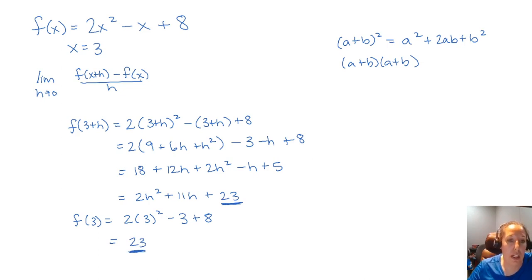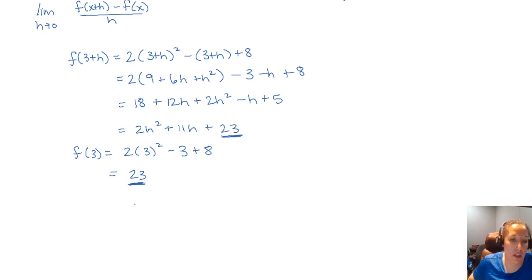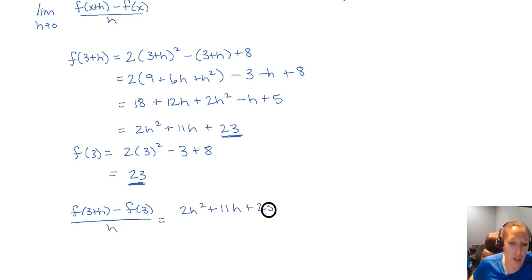Alright, so if we plug in to our difference quotient, our f of 3 plus h minus f of 3 all over h is going to be 2h squared plus 11h plus 23. That's our first piece.